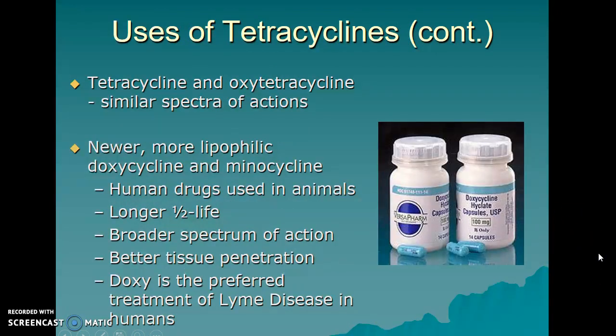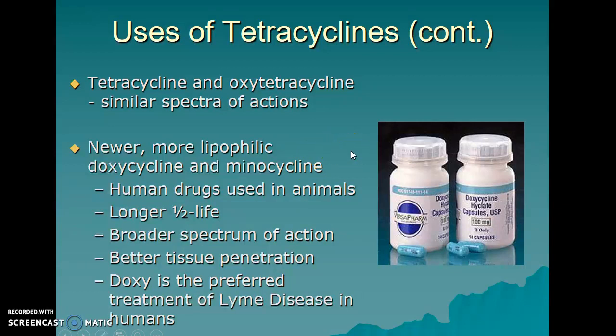So we can divide tetracyclines into two groups, and the first group is tetracycline. This is a drug name, in this case, within the group of tetracyclines. So tetracycline and oxytetracycline are similar. They are hydrophilic, and they aren't used as much as they once were because the new drugs, doxycycline and minocycline, are lipophilic.